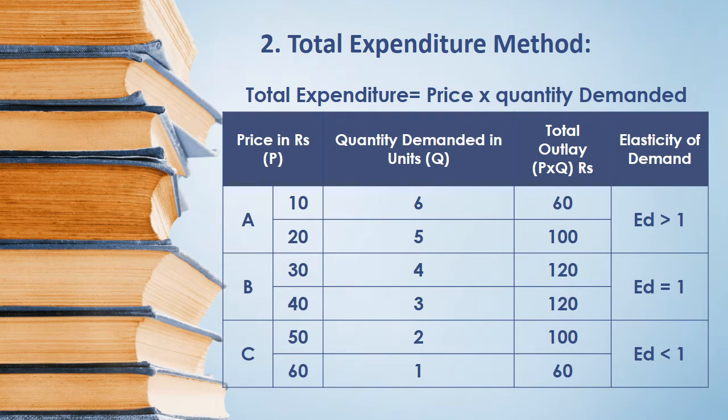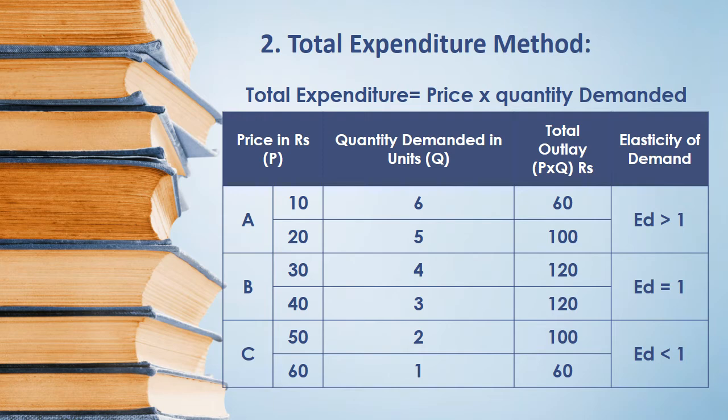Now we'll see example B. The original price is rupees 30 and the quantity demanded is 4 units. When price rises to rupees 40, the quantity demanded falls to 3 units. The total expenditure incurred is rupees 120. In this case, the total expenditure is constant.